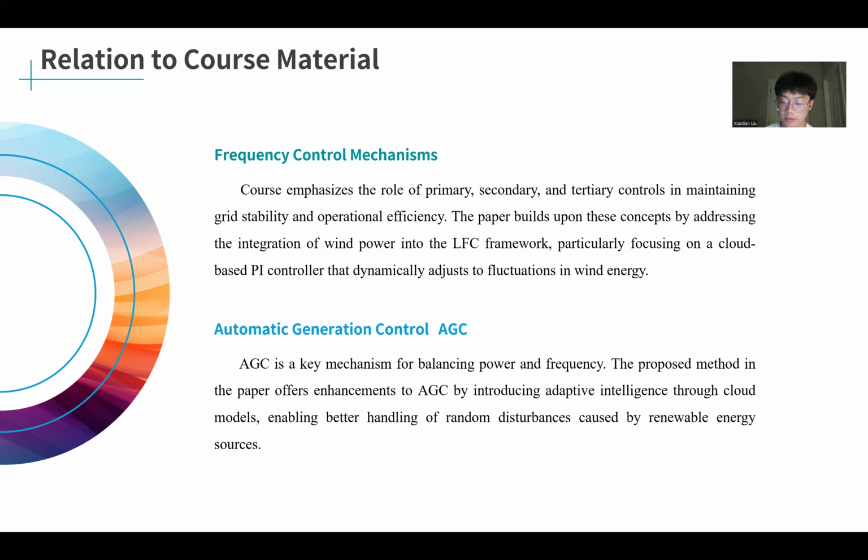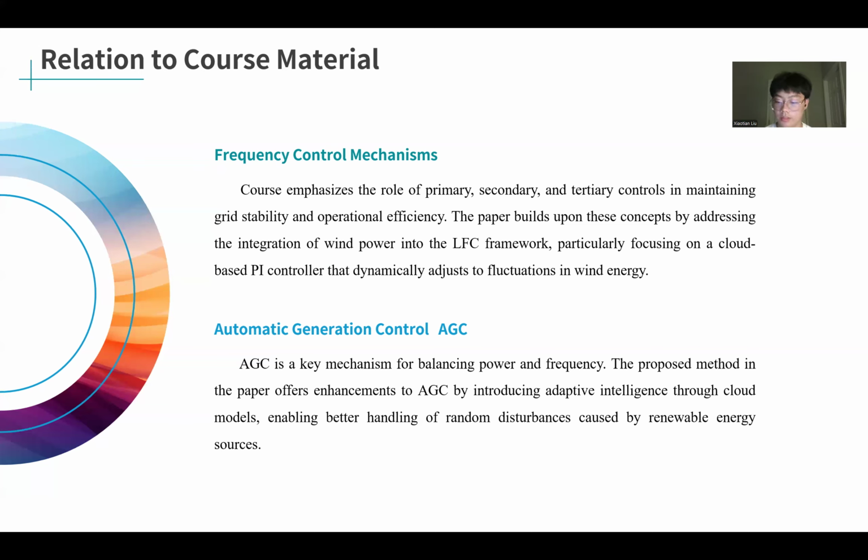It's used in the secondary control in power systems, a centralized system designed to automatically adjust the output of select generating units to maintain the system frequency at its normal value and control the power exchange between interconnected areas.